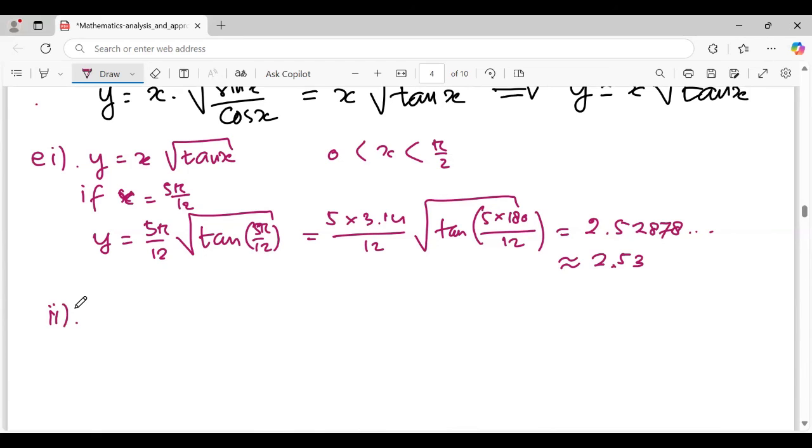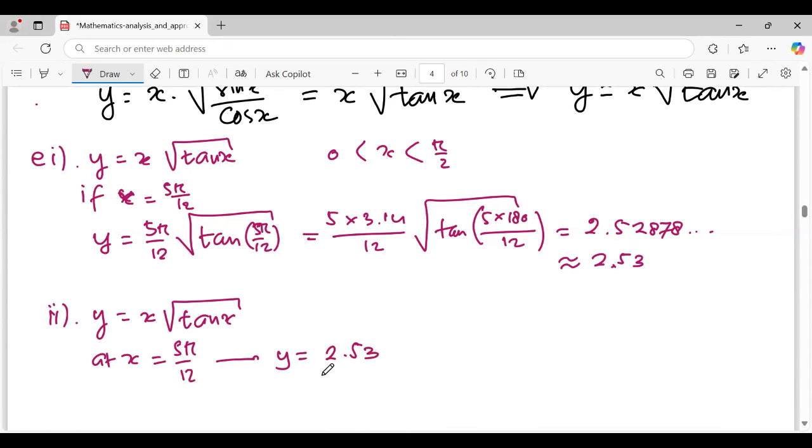Part 2. The function is y equals x square root tangent x. If you calculate at x equals 5 pi over 12, y equals 2.53. And how about the gradient?